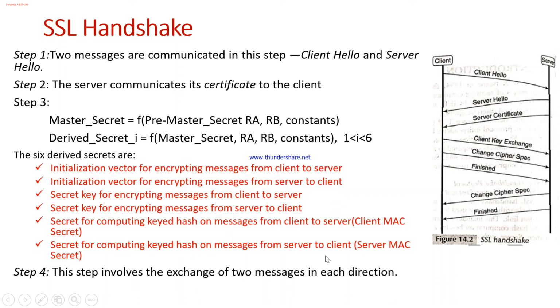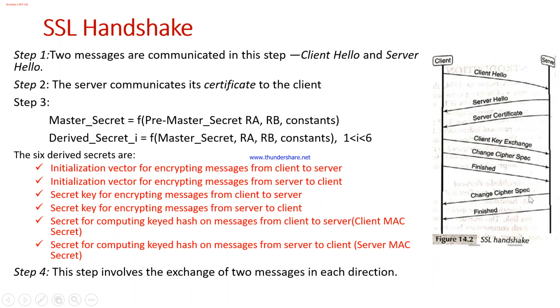Okay, and finally we have step 4. This step involves the exchange of two messages in each direction. The first is change cipher spec, where spec is short for specification.